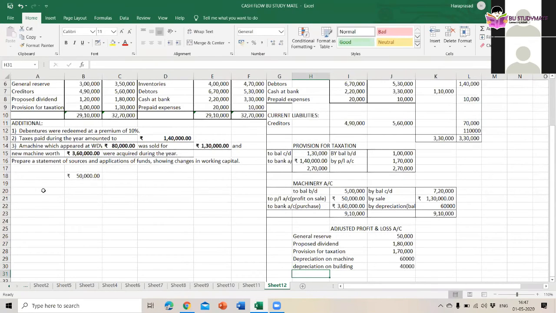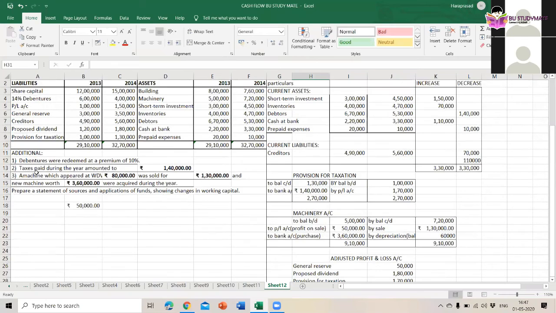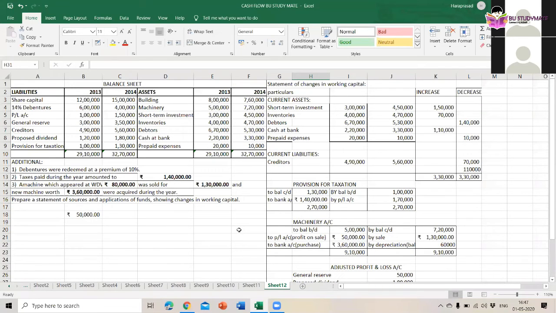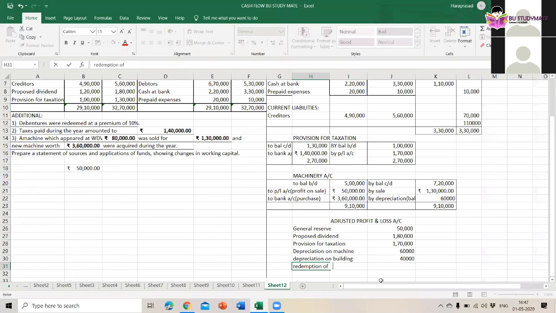Okay, then is there anything else? Yes, in the additionals we have debentures that were redeemed at a premium of 10%. Redemption of debenture. How much is that?